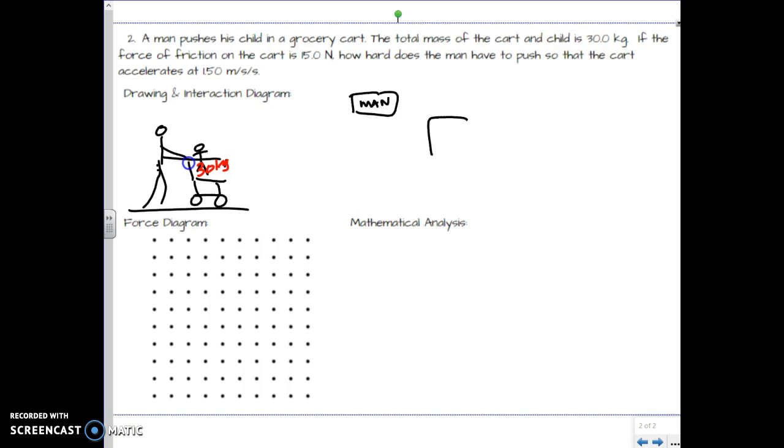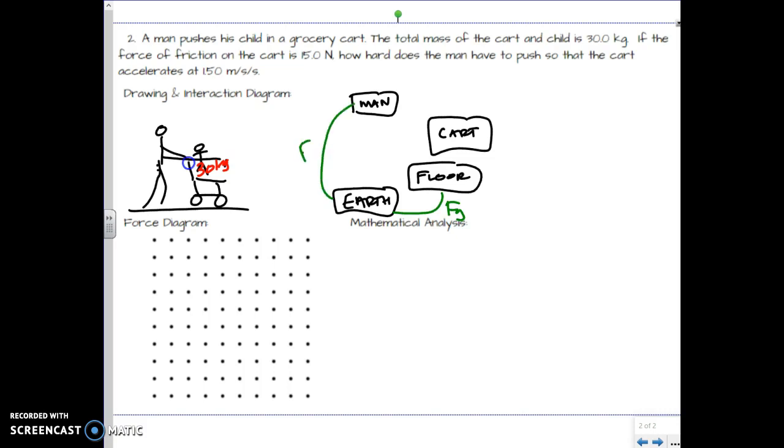We're going to put the cart and the kid all together in one thing here. We'll have the floor, and we'll have the whole earth on here as well. Okay, so we draw in our force of gravity from the earth to everything else in the problem.